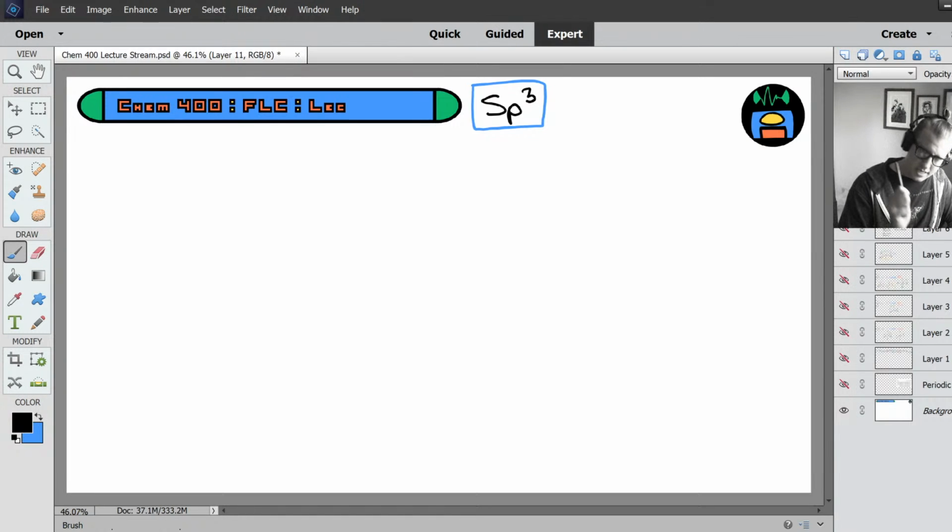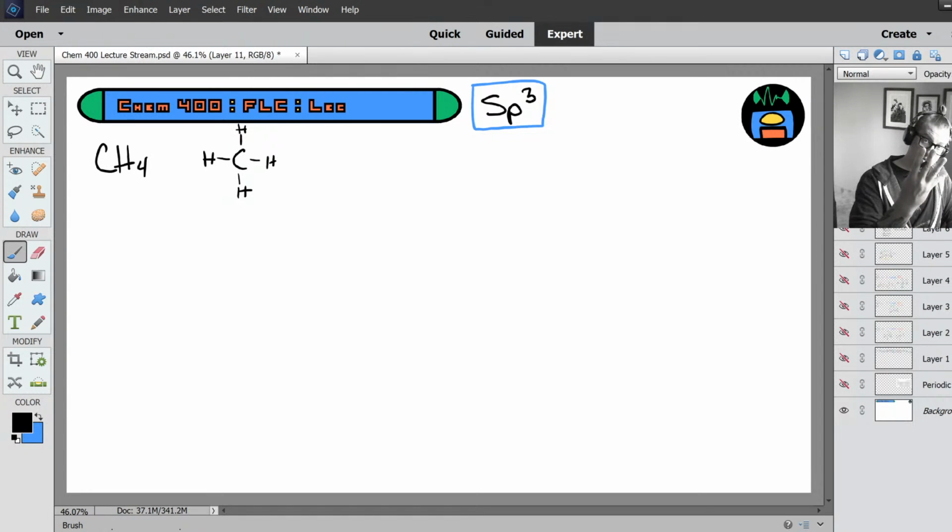So here's the problem with VSEPR theory. If I ask you to draw out CH4, methane, you can draw that Lewis structure, no problem. It's just carbon with 4 single bonds to 4 different H's. And if I asked you to draw a 3-dimensional representation and give me bond angles, you could.